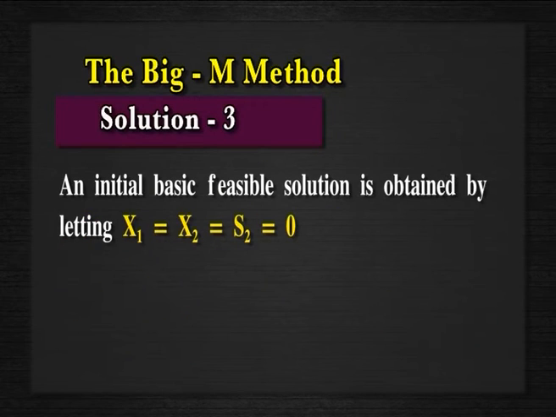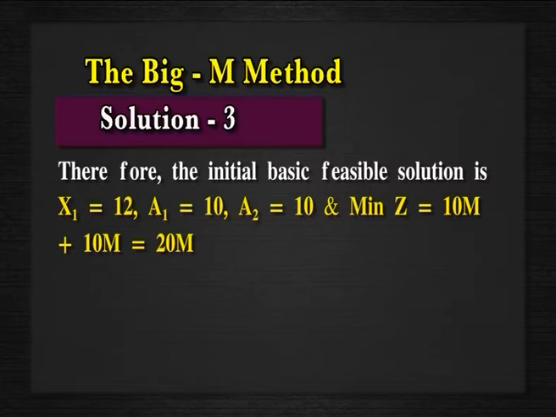An initial basic feasible solution is obtained by letting x1 is equal to x2 is equal to s2 is equal to 0. Therefore, the initial basic feasible solution is s1 is equal to 12, a1 is equal to 10, a2 is equal to 10 and min z is equal to 10M plus 10M is equal to 20M.